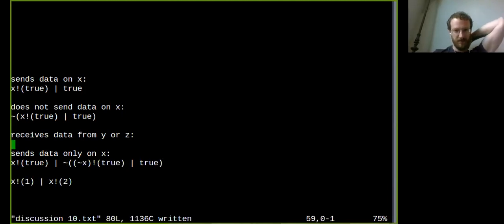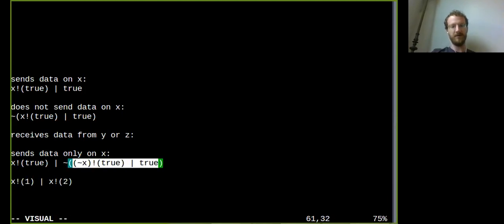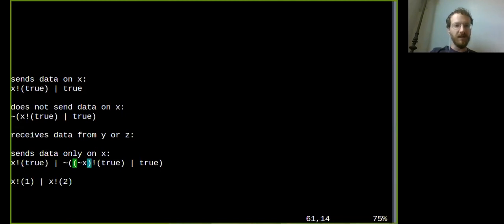Yeah, that should match, right? Because either X bang 1 or X bang 2 is going to match this part. And then for this part, any term that isn't sending on a collection of names that aren't X is going to be included. So a send on X can be included in here.